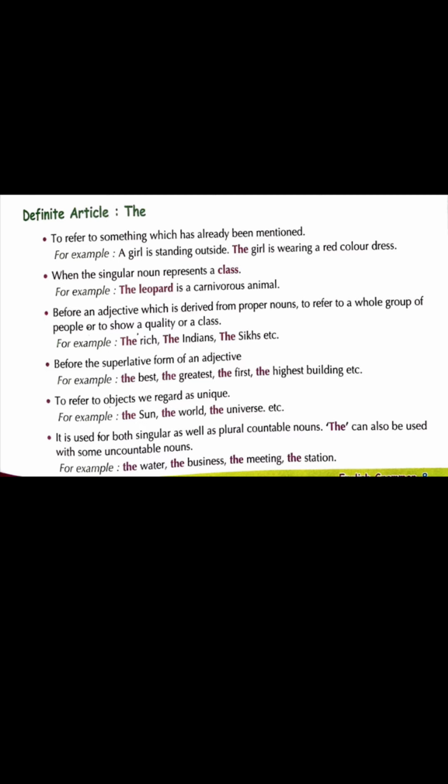For example, the rich, the Indians. Then if we are talking about superlatives, then it's before the superlative form of an adjective, like the best, the greatest, the first. Okay, so best, greatest, first, they are superlative degrees. To refer to an object we regard as unique.